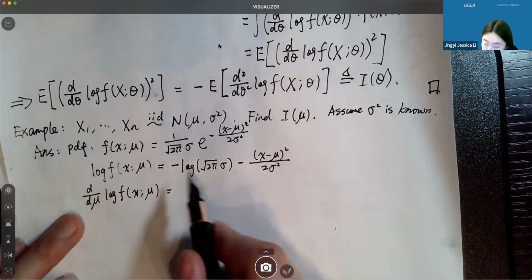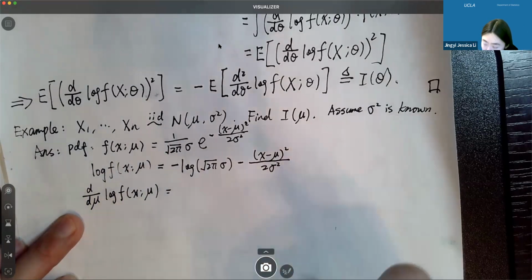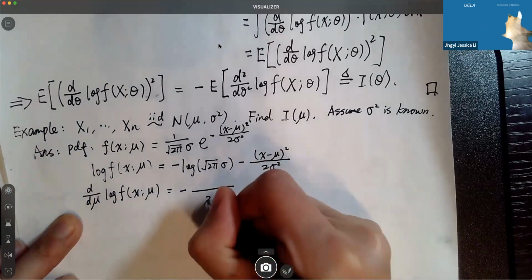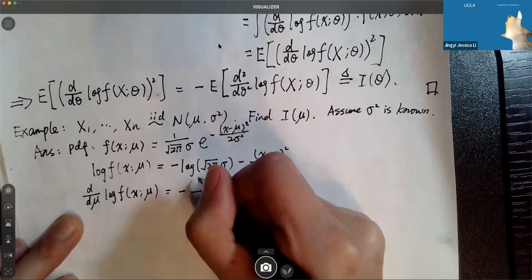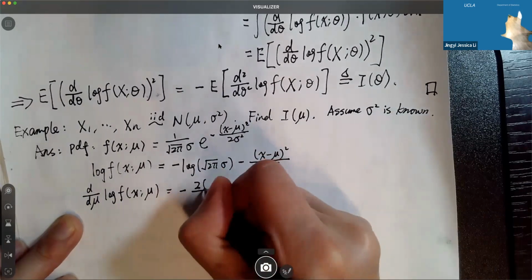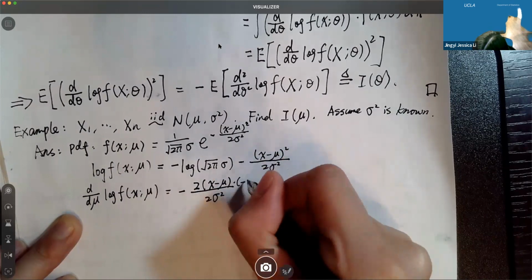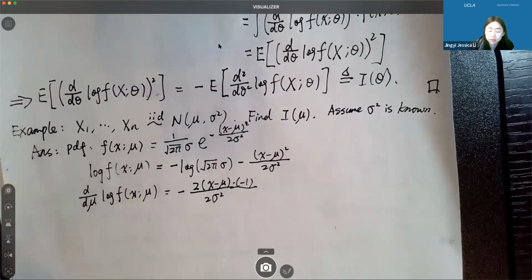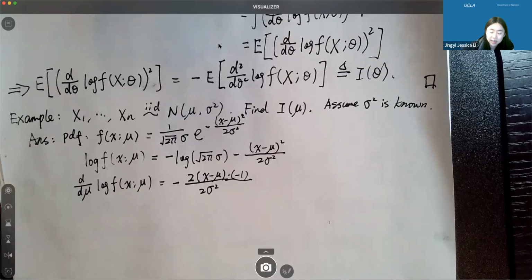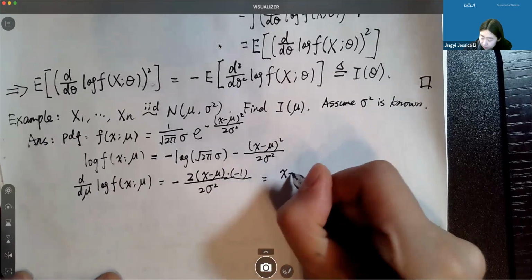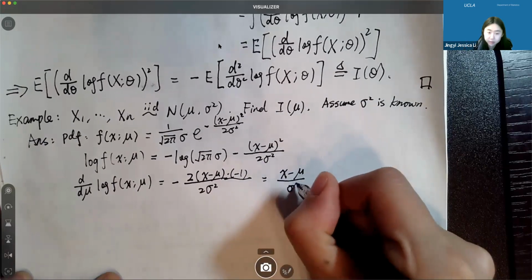The first term doesn't involve mu, so it's gone. We are only left with the second term. The denominator stays, and it's 2 times (x minus mu), with a negative sign, minus 1. That's the derivative. Then the 2s cancel, and the minus signs cancel, so we are left with (x minus mu) over sigma squared.